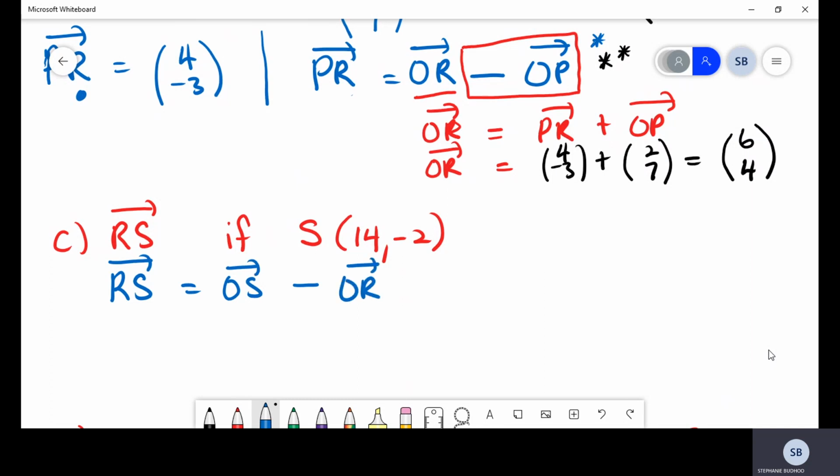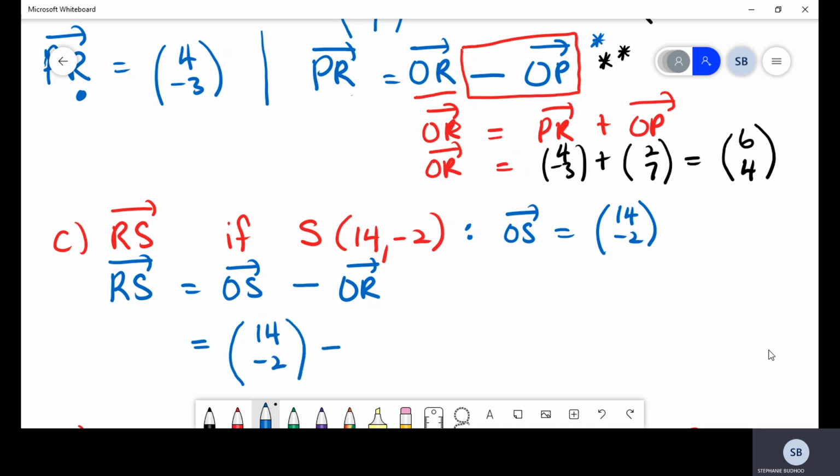Do we have values for these? Yes, we do. From this coordinate or point, we can create a vector for OS.